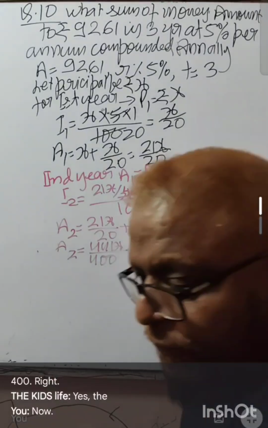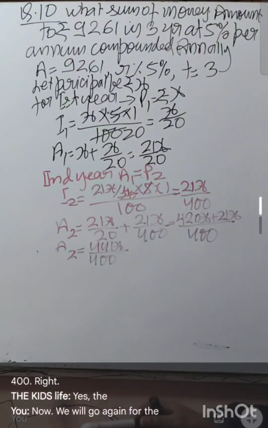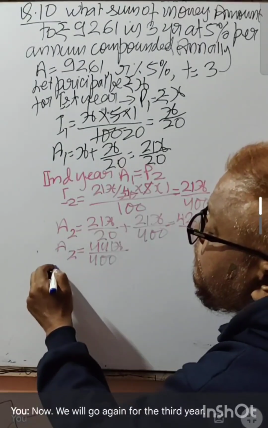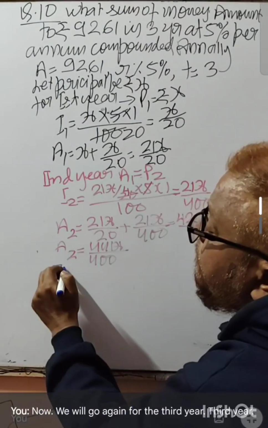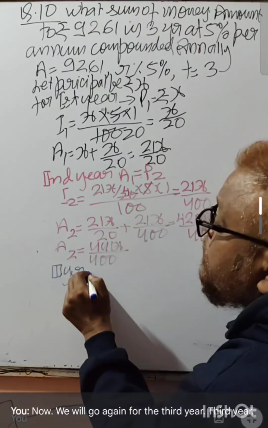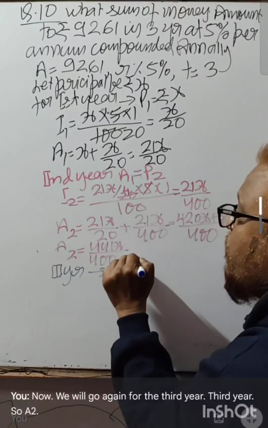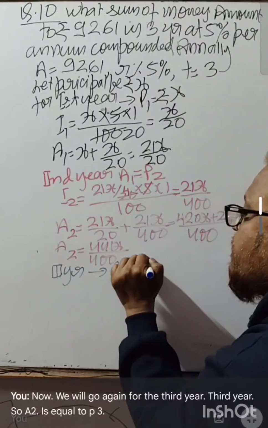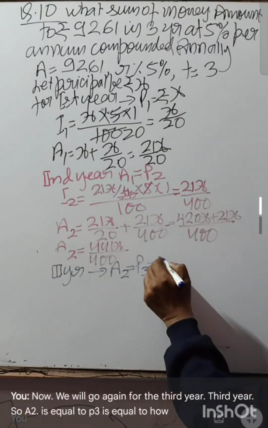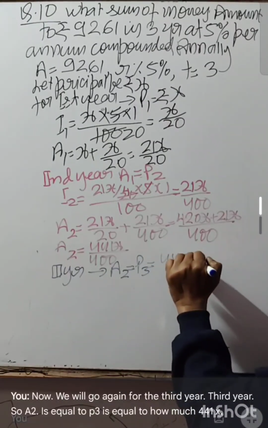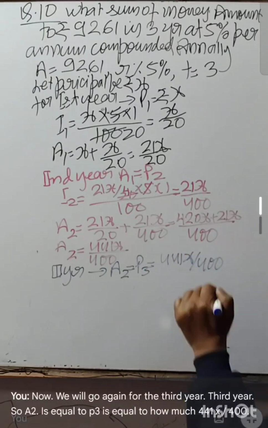Now we will go again for the third year. So A2 is equal to P3, which is 441x upon 400. Right?